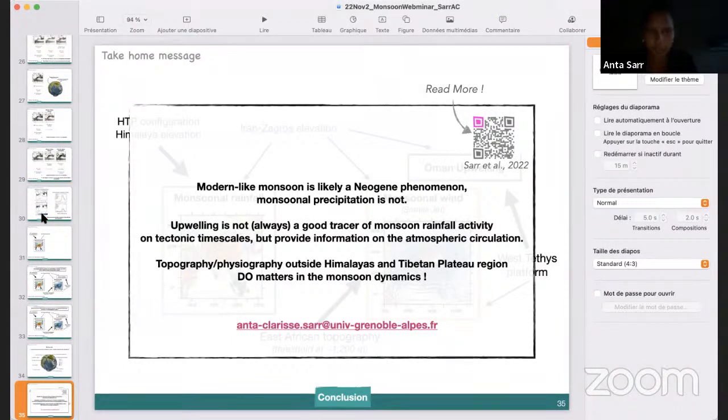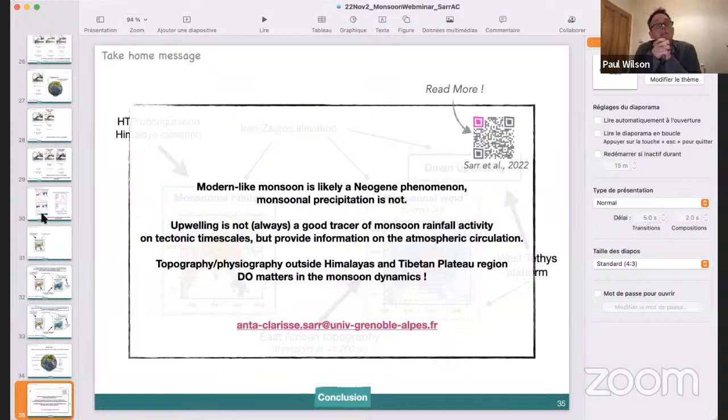So this is a real problem, not knowing the real timing of it. I think it's really important to know whether this high elevation in East Africa is reached before or after the closure of the Tethys Seaway in order to better understand what happened in the system. Right. Okay. Well, that's really interesting.